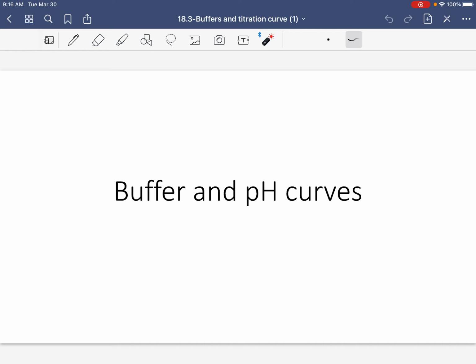So today we're going to be looking at buffers and pH curves, as in monitoring the pH when you add acid to an existing base. I think what I should have said is not pH curve, but pH titration curve.